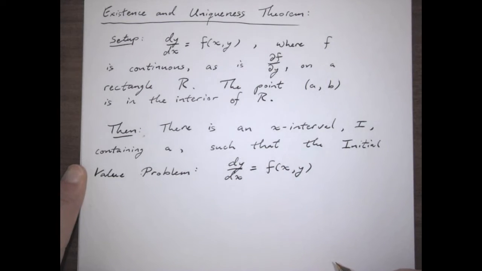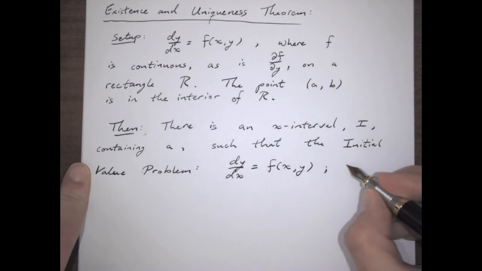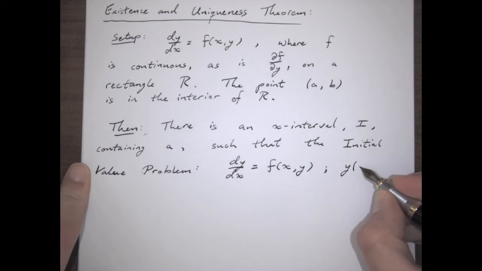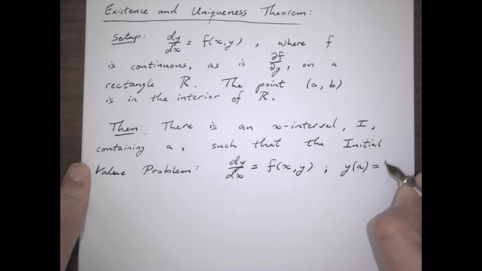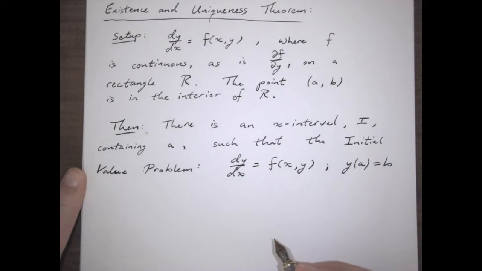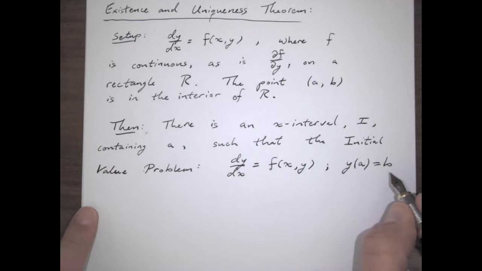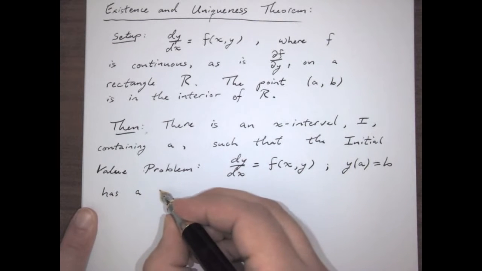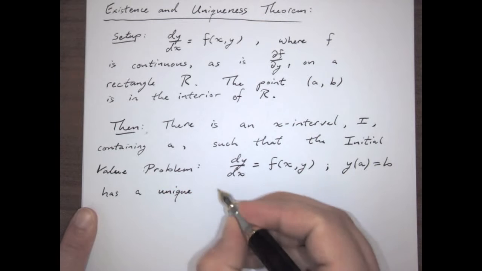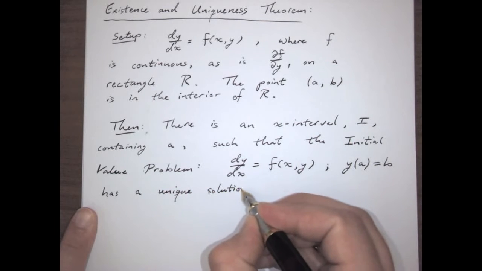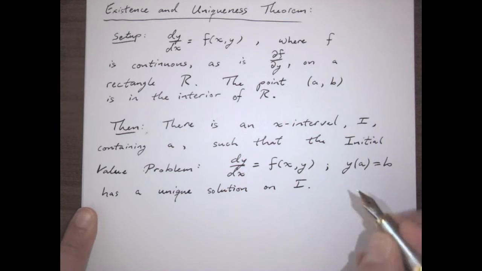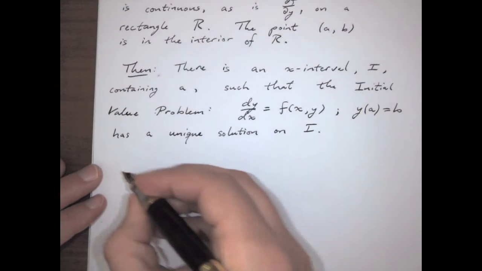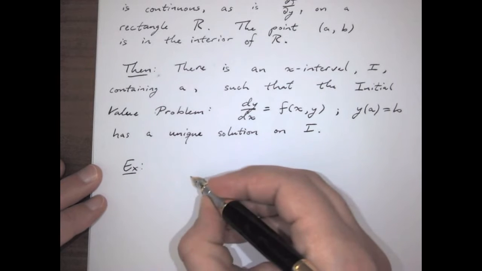That's the differential equation part of the initial value problem, and then we still need an initial value, otherwise we wouldn't call it that. The initial value here is going to be y(a) = b. So there is an x interval I containing a such that the initial value problem has not just a solution, but a unique solution on I.